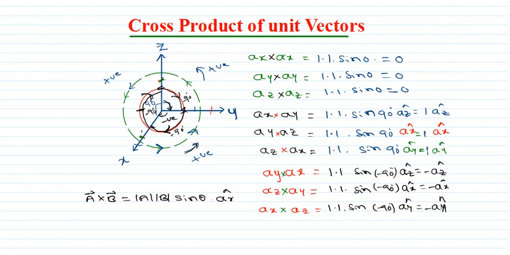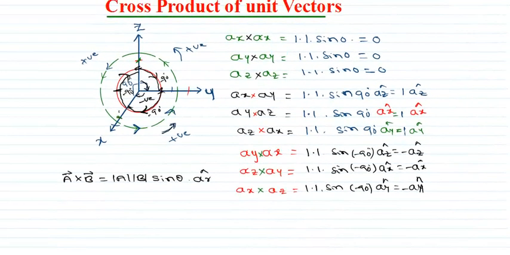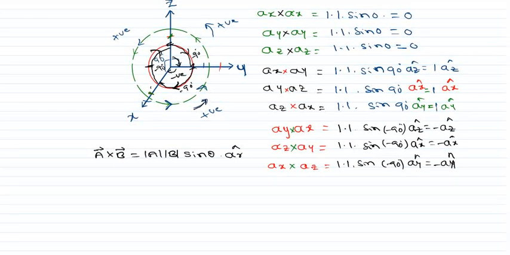If you just observe now, ax cross ay, ay cross az, az cross ax, they are all giving positive values. Ay cross ax, az cross ay, ax cross az, they are giving negative values. So if I relate this equation and this equation, what can I get?